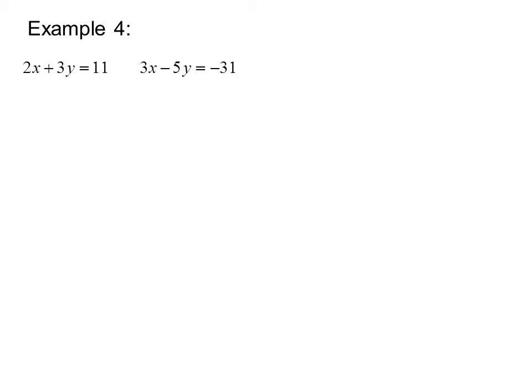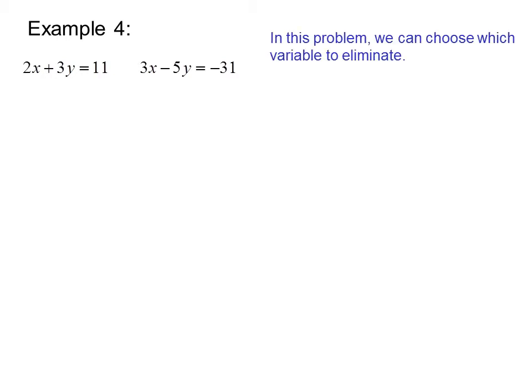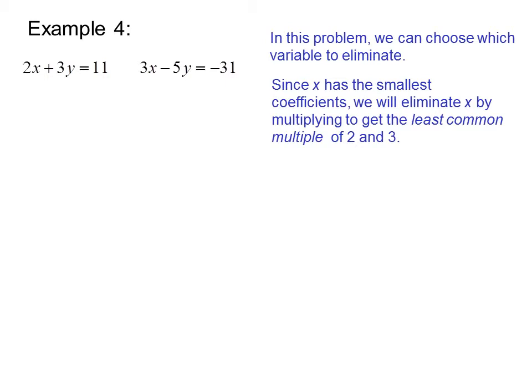In example 4, our equations are 2x plus 3y equals 11 and 3x minus 5y equals negative 31. In this problem, we can choose which variable to eliminate. Since x has the smallest coefficients, we will eliminate x by multiplying to get the least common multiple of 2 and 3.